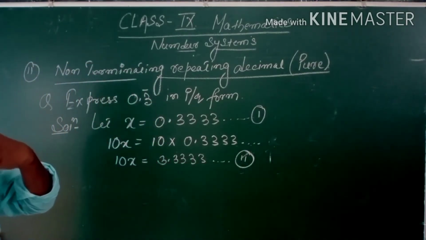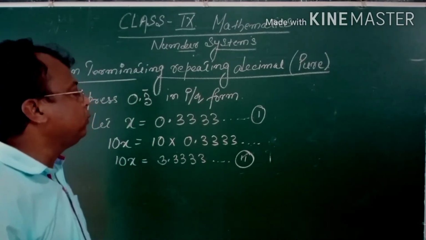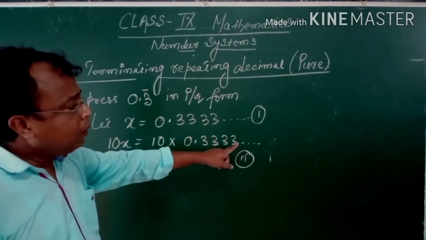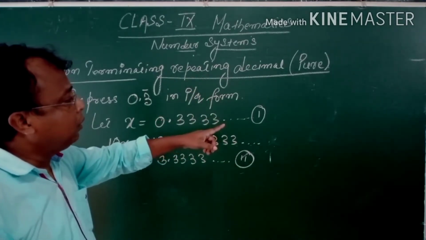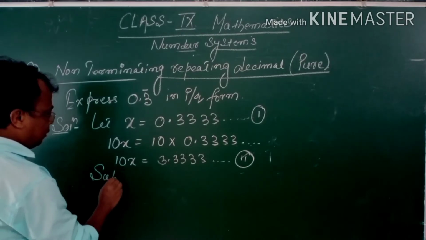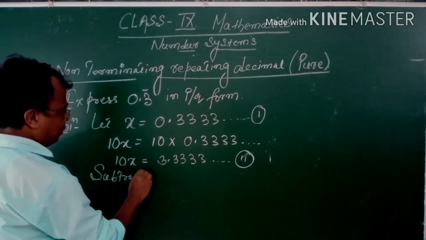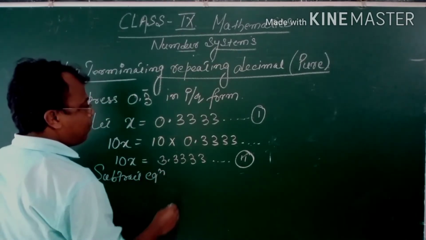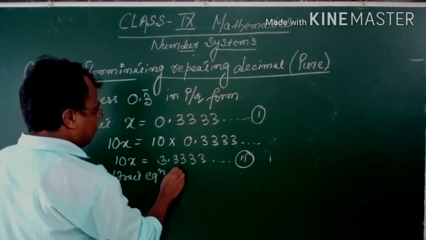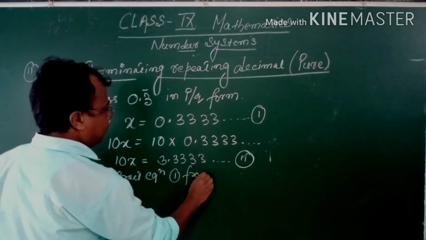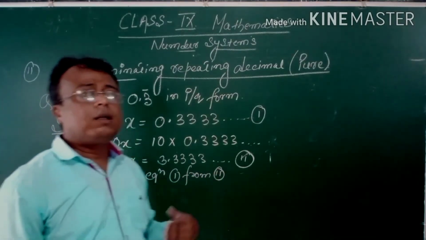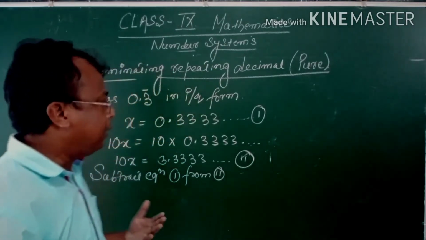Now the third step, what we have to do: subtract equation 1 from 2. Okay, so left side you subtract, right side you subtract.